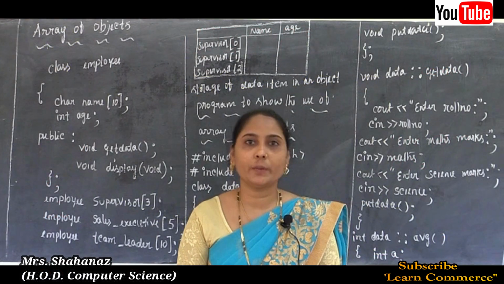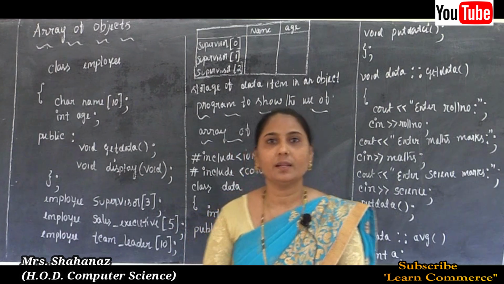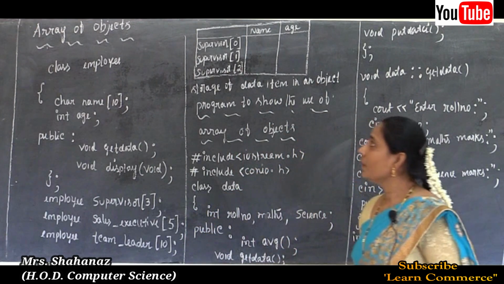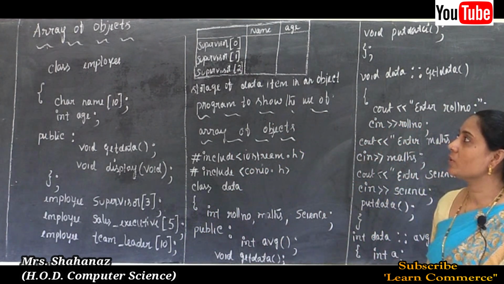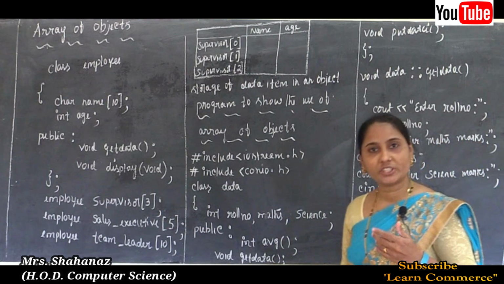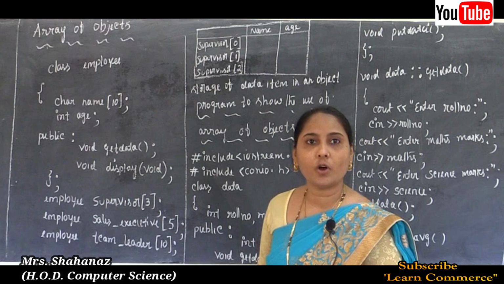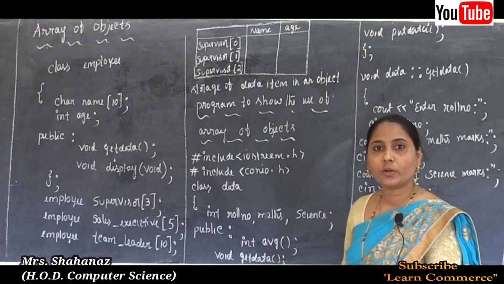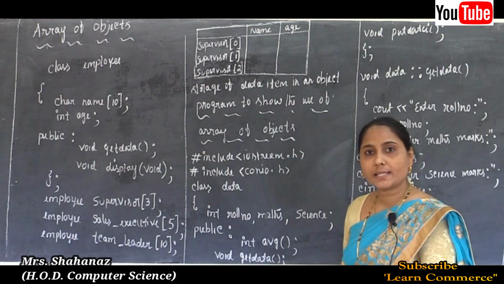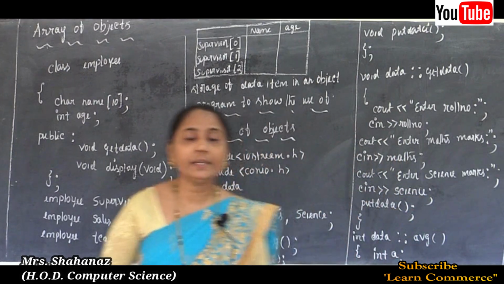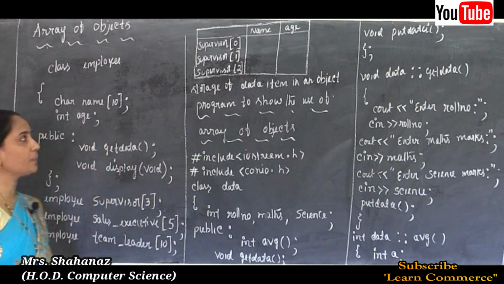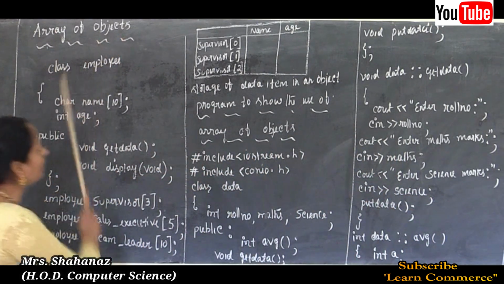Welcome to second PU Computer Science online classes. Today we are in chapter 7, classes and objects. We are going to continue with classes and objects, and the concept today is the array of objects.